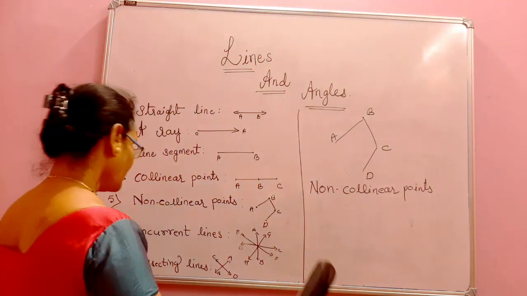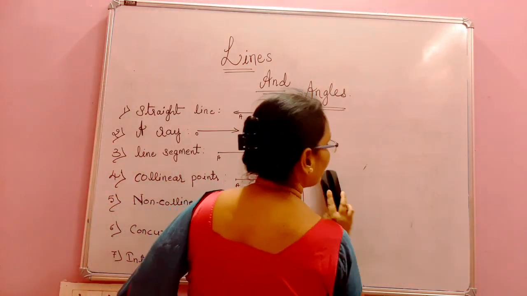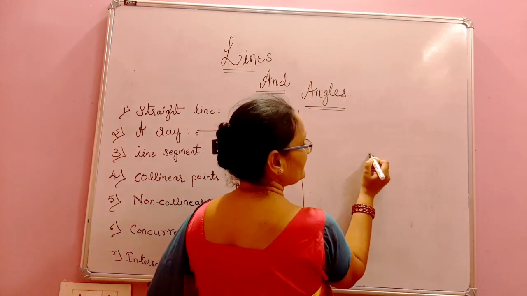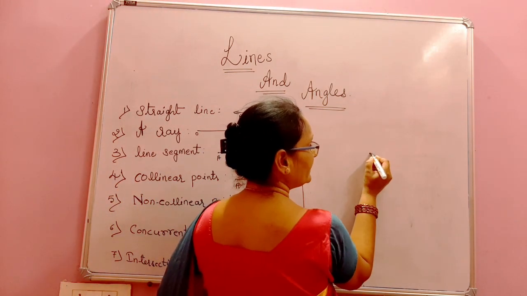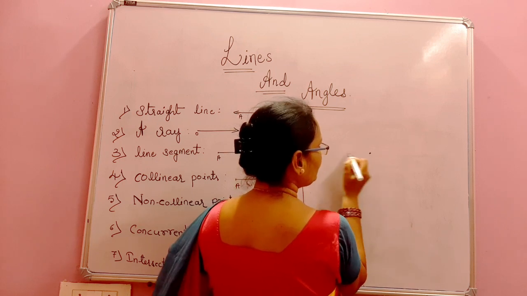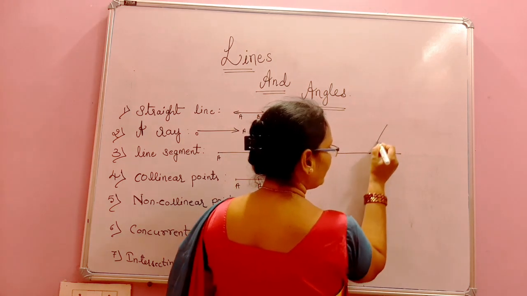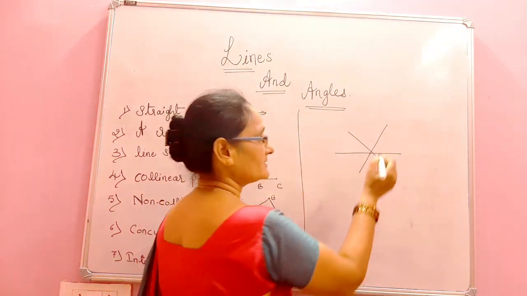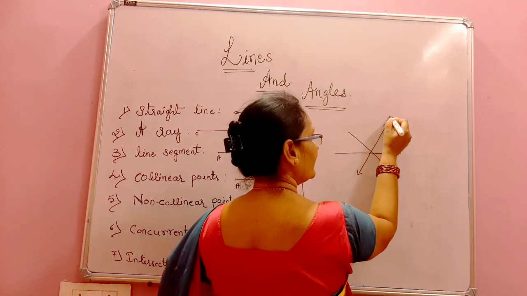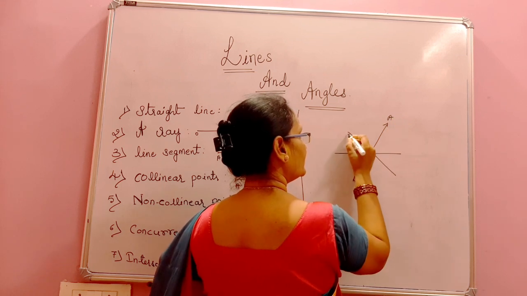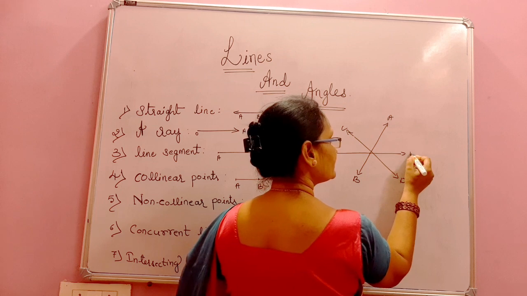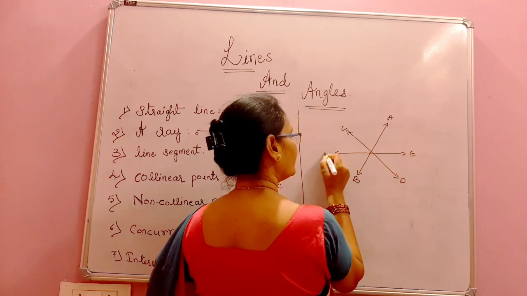Then the next comes concurrent. Concurrent means from the given point, suppose this is a given point, that is O, through this point many lines pass through. See, this is AB and this straight line is CD and this straight line is EF.